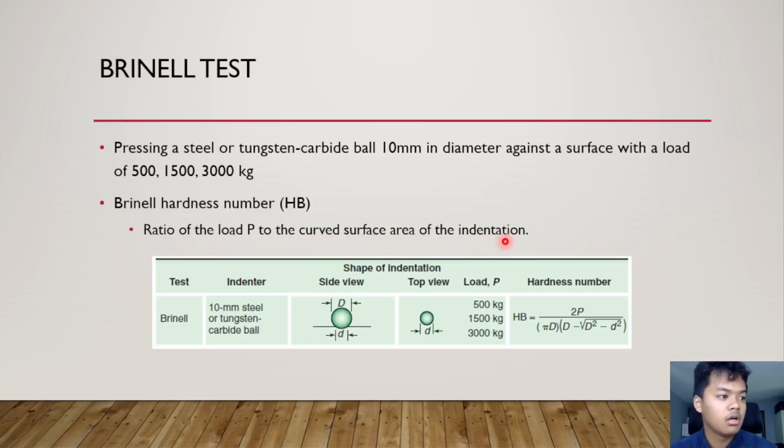So the Brinell hardness number is acquired by this formula, 2P. P is the load applied, 500, 1500, or 3000, divided by this. D, big D, is the original diameter of the indenter, or in this case 10 mm, and small d is the diameter of the indentation.